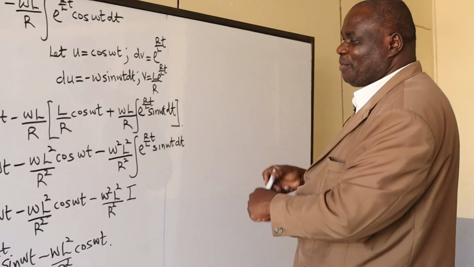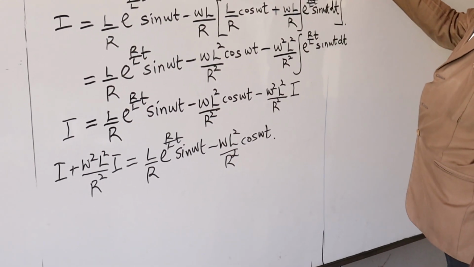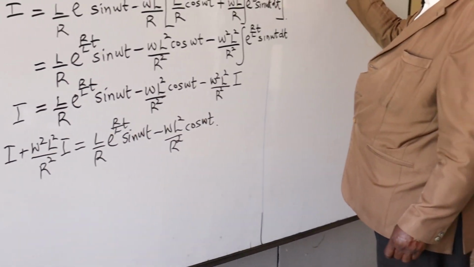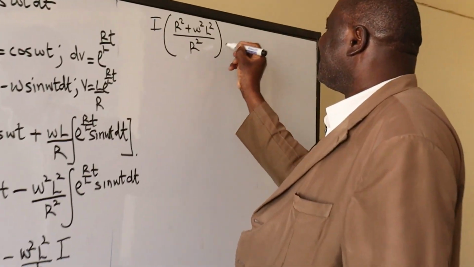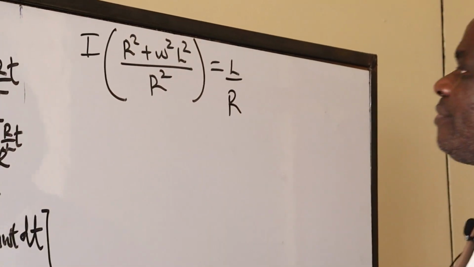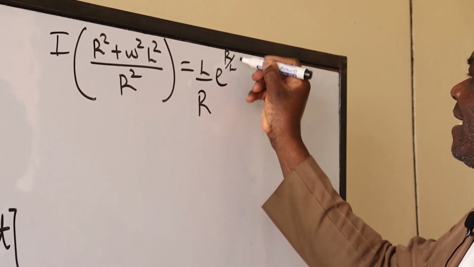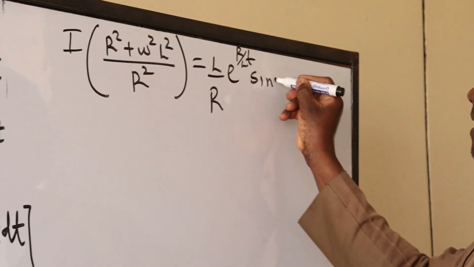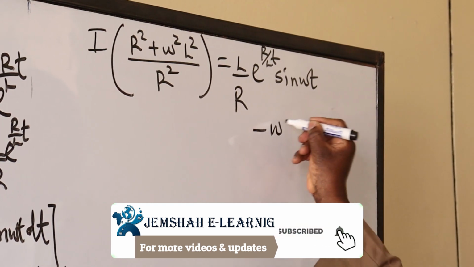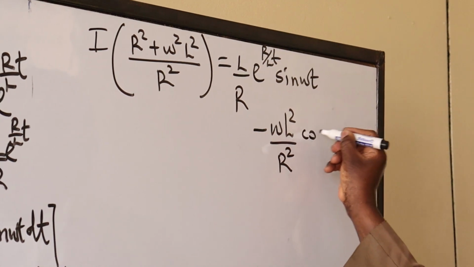So it can be seen if we make I the subject, it is I into R squared plus omega squared L squared all over R squared. This one will be equal to L all over R exponential R over L t sine omega t minus omega L squared all over R squared cos omega t.